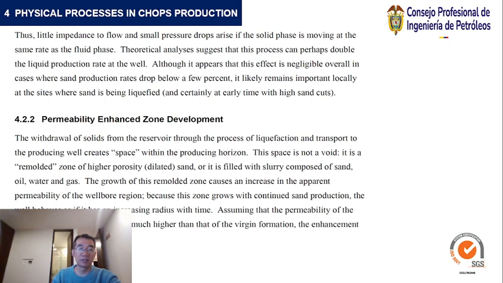The enhancement effect may be expressed mathematically.